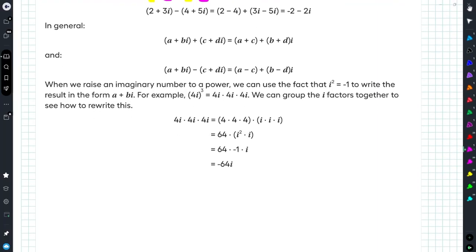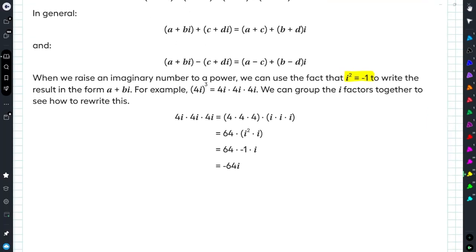Now, when we have an imaginary number raised to a power, we're going to utilize that i squared is equal to negative 1 to simplify things. So, for example, 4i to the third power: we have 4 to the third power, so 4 times 4 times 4 is 64.